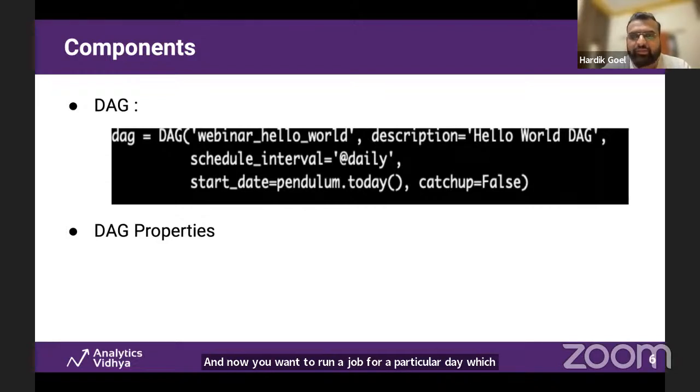So now you have provided the catch up as true, and whenever you run the job, and your job ran for 10 days ago, then it would start to run and start to see whether on any day your job failed or not. Okay, so in that case your backfilling would automatically happen, and the job which failed 10 days ago or 11 days ago, right, that would get triggered again.